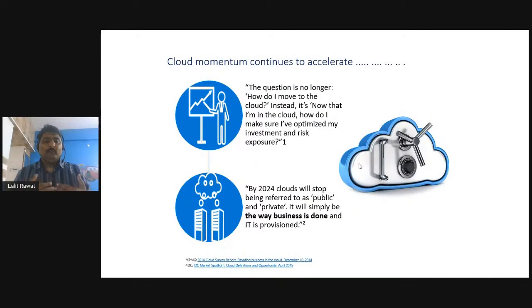Before we go to the cloud, the questions are: why do we have to move to the cloud, what are the security concerns, how will I optimize my investment, and what is the risk exposure? This is widely mentioned in public and private reports, such as the KPMG report.